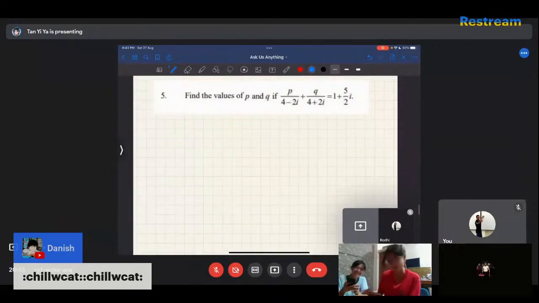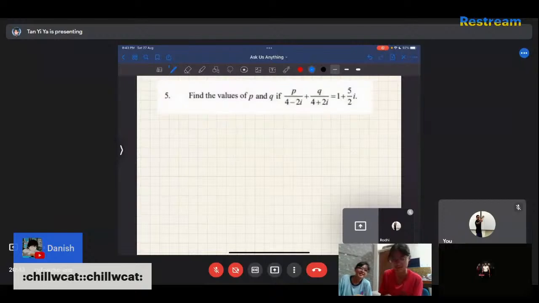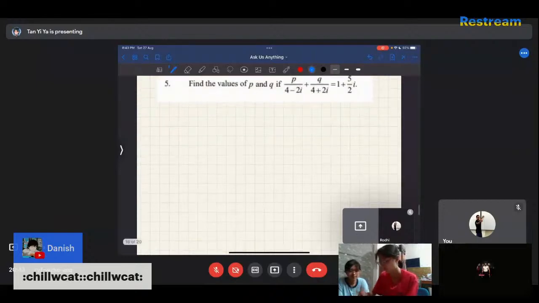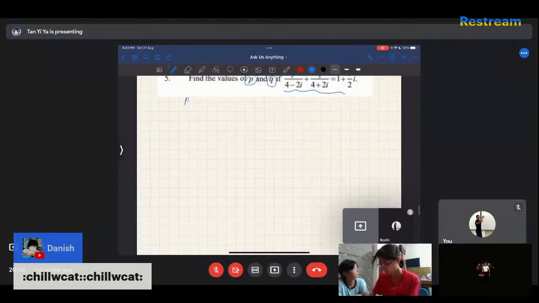Okay. So we can proceed to question number 5. It's a bit complicated. So we have to find the values of p and q from this equation.